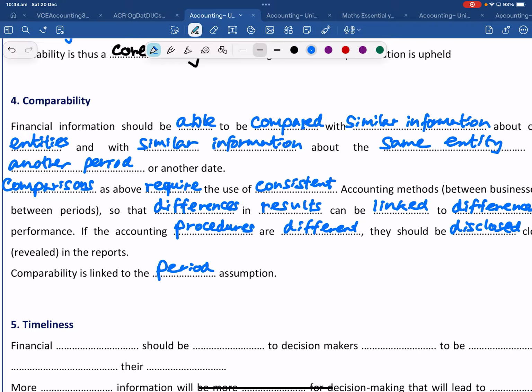So if we don't run consistent practices, processes or procedures, then we can't compare them. Forget about that. We are mainly talking about one business. If we change the rules, recording methods, then we can't compare the information and the outcomes, results, profits.